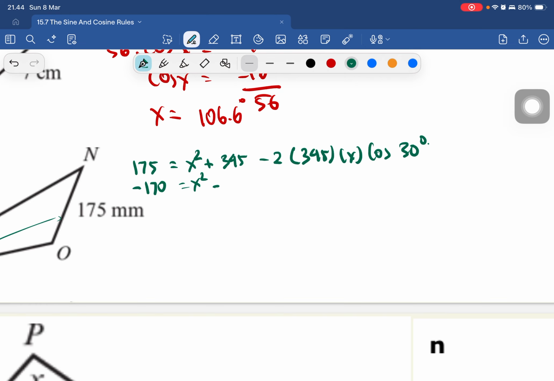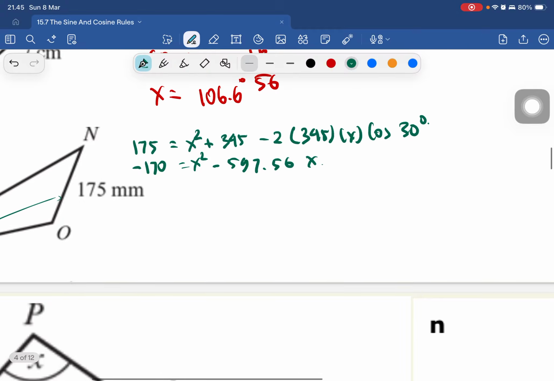Yeah, the millimeter. So it's going to be 597.56x. Okay, and then we can make this 0. x squared minus 597.56x plus 170.